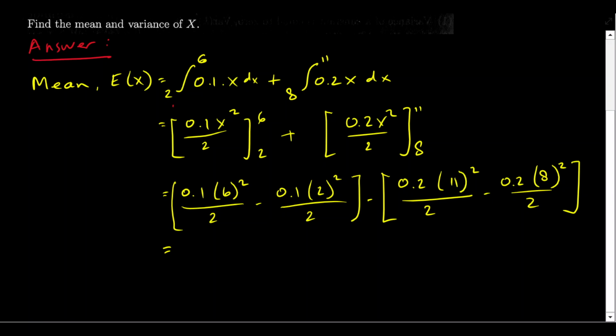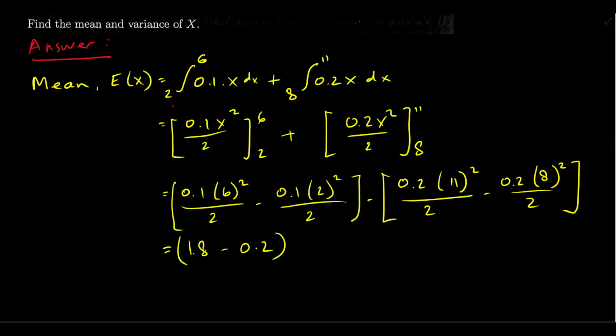So 36 times 0.1 is 3.6 divided by 2 is 1.8. 1.8 minus 0.4 becomes 0.2.